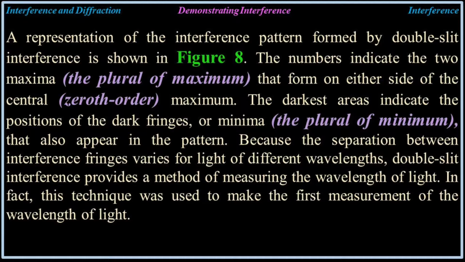Because the separation between interference fringes varies for light of different wavelengths, double-slit interference provides a method of measuring the wavelength of light. In fact, this technique was used to make the first measurement of the wavelength of light.